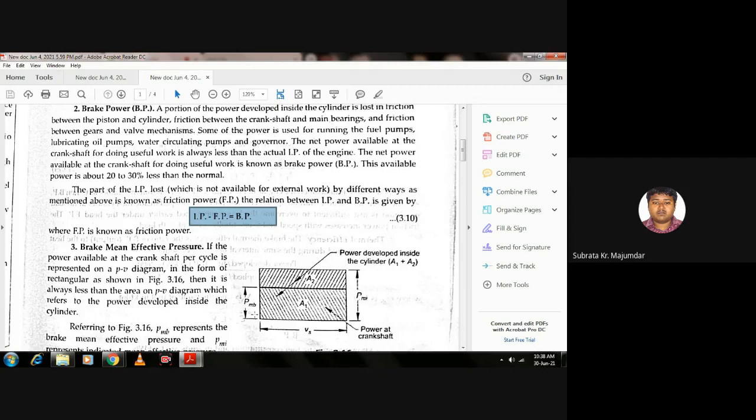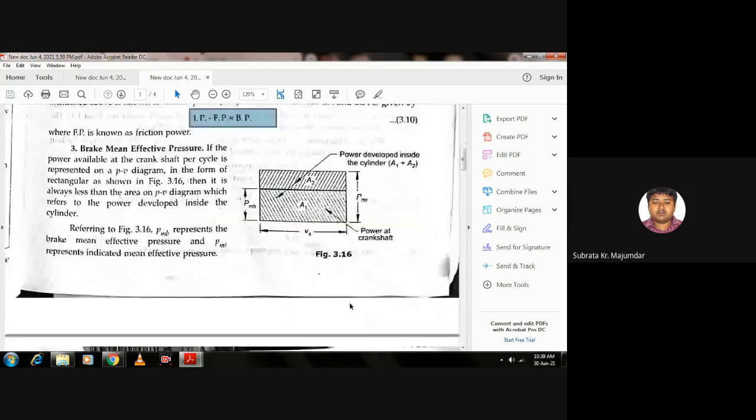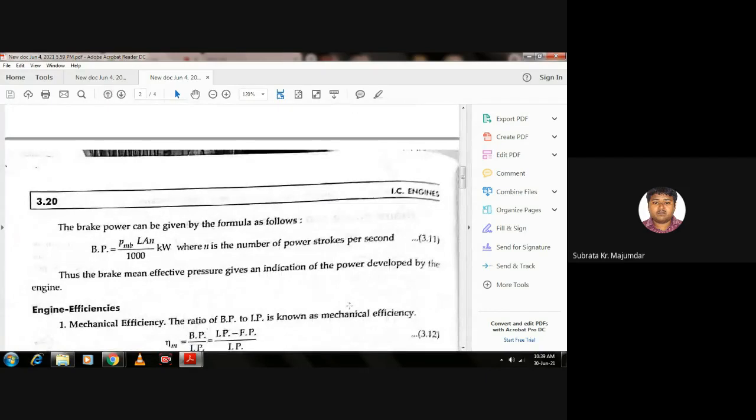Whenever the engine is running, there are some losses. As a result, the area of this PV diagram is less than the actual condition. So the power available at the crankshaft per cycle is represented by the brake mean effective pressure.